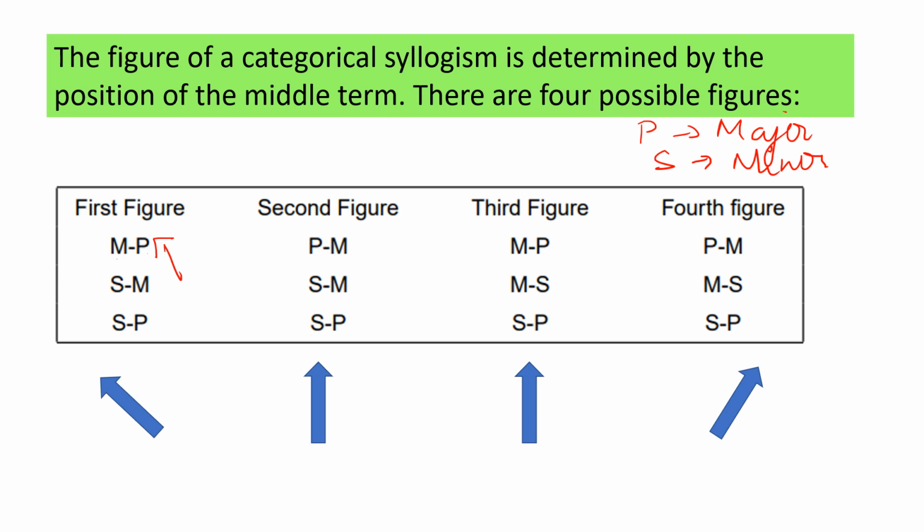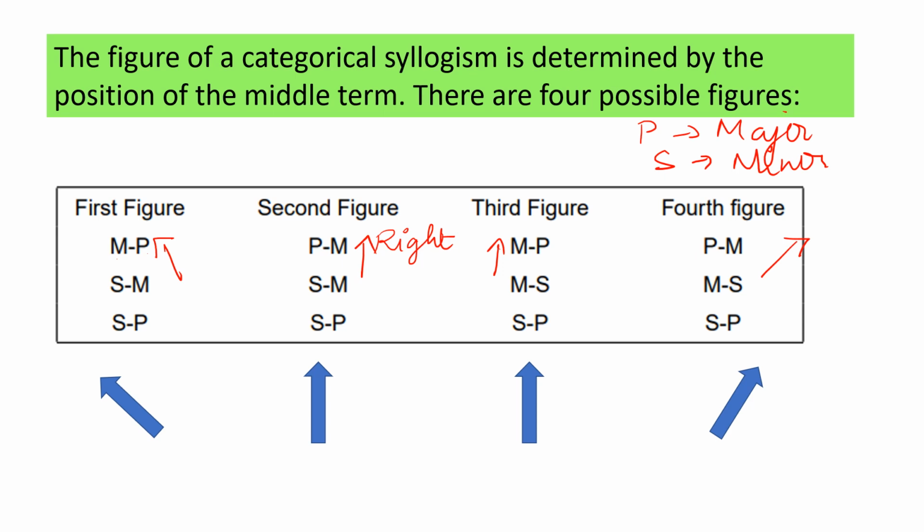When the middle term is towards the right side, students, you have to remember that it is the second figure. If the middle term is present on the left hand side, then it is called the third figure, and the fourth figure has the middle term like this.